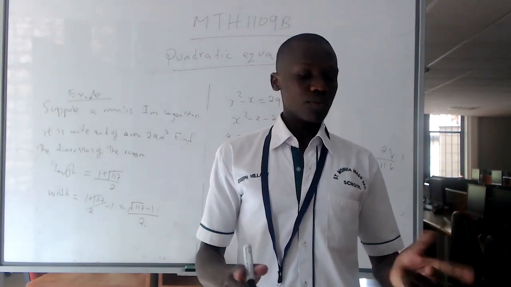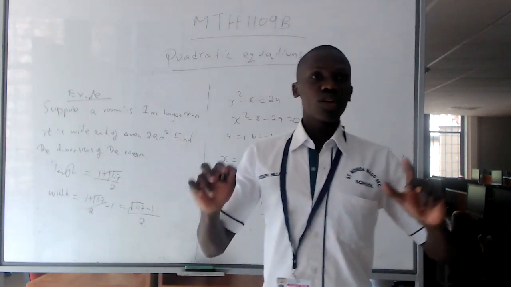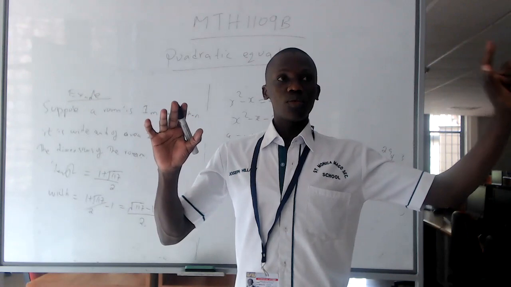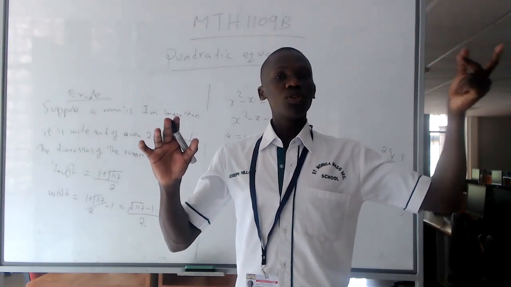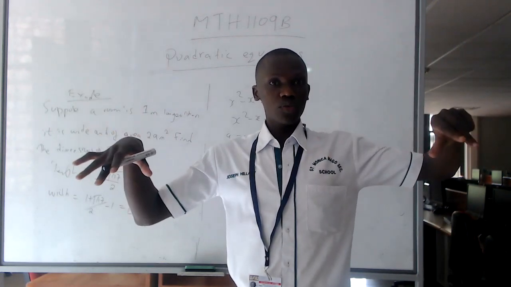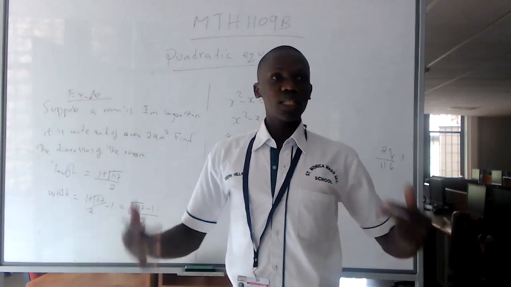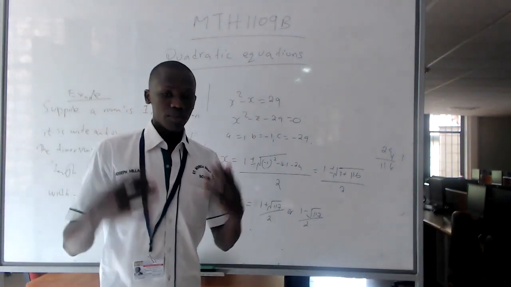The second method is completing the square, so that we are able to write one side of the equation as a complete square. Solving a complete square is simple because you take the square root on both sides and end up with linear equations, which are very easy to solve. And lastly, we have looked at the method which is derived from completing the square. Thank you.